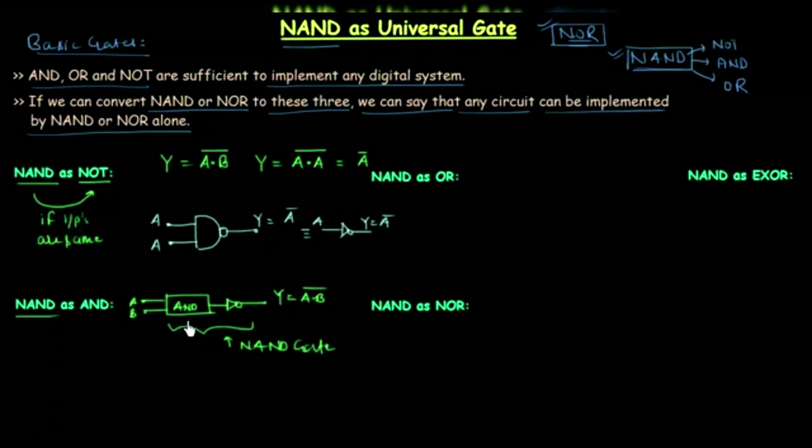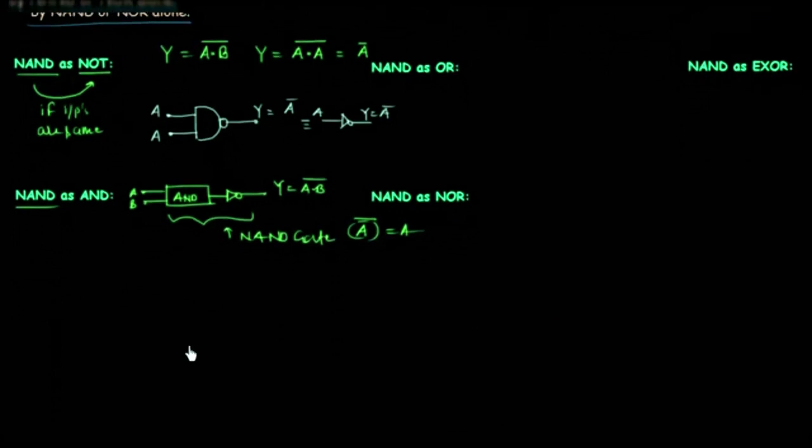This is something we have already discussed, and now we want our AND gate back. So the only thing we have to do is to complement the output of NAND gate. If you complement the output of NAND gate, you are going to get AND gate, because complement of A complement is equal to A. Very simple. So let's do this. First we will make NAND gate.